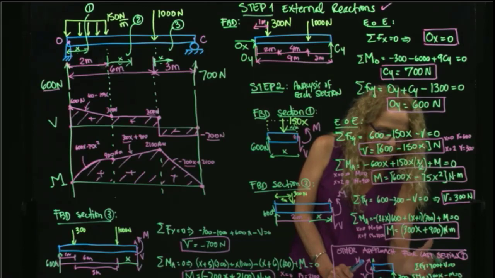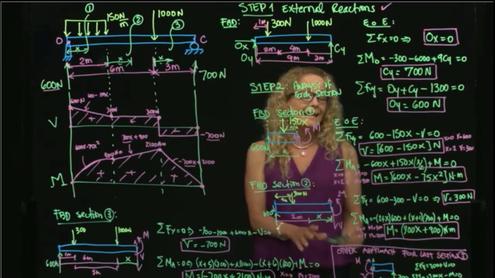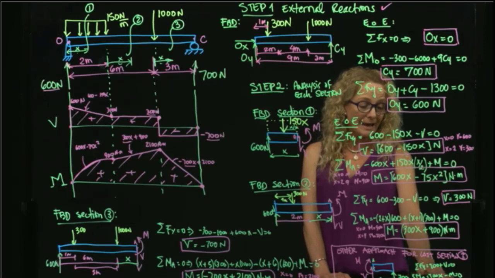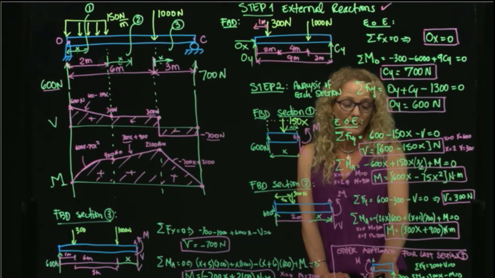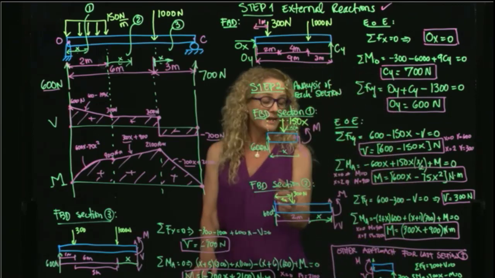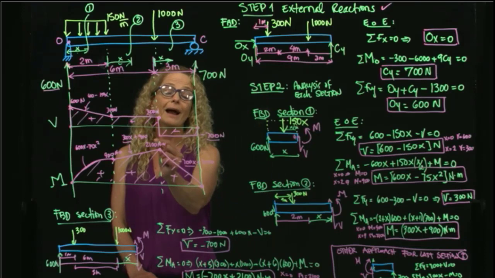So M equals 700x. But be careful, because x now starts at 0 here and 3 over there. And it will be a straight line going up and ending at 2100.